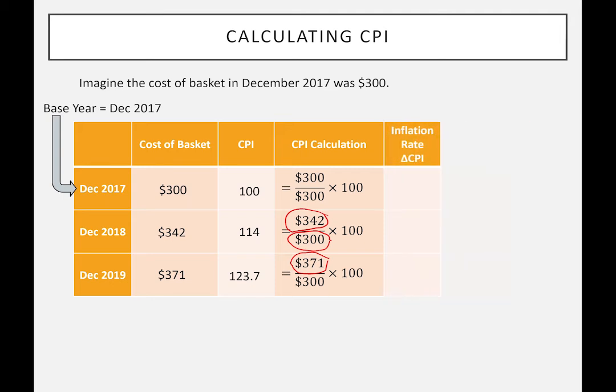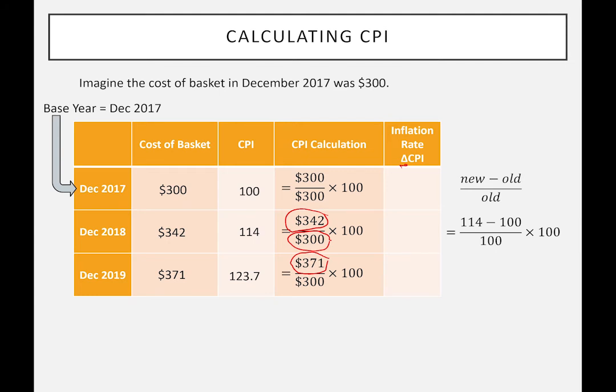Now, to calculate the inflation rate, which is a change in the CPI, notice I put a little triangle here to indicate the change in it, we can do it for, in effect, the change from 2017 to 2018. And we're going to use now the formula from before, new minus old divided by the old.